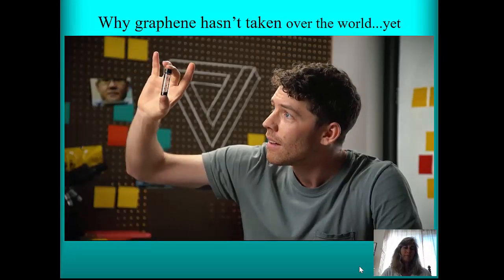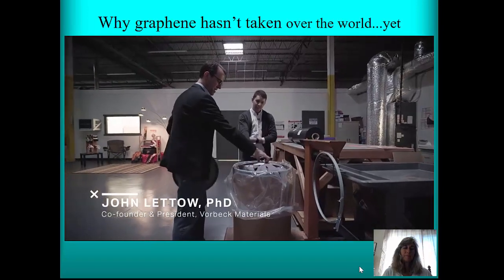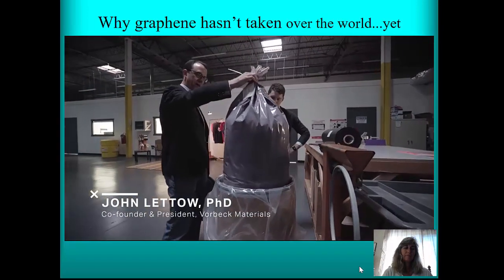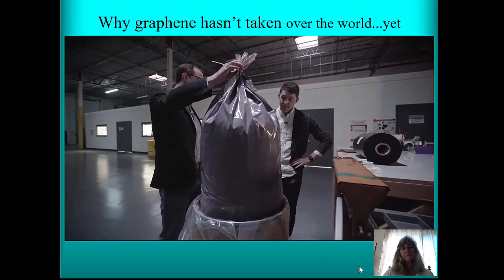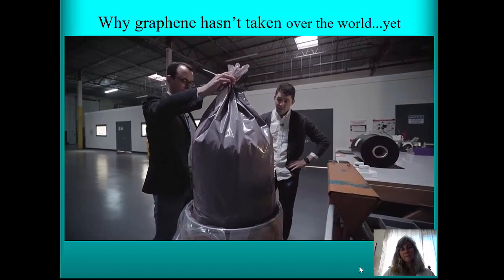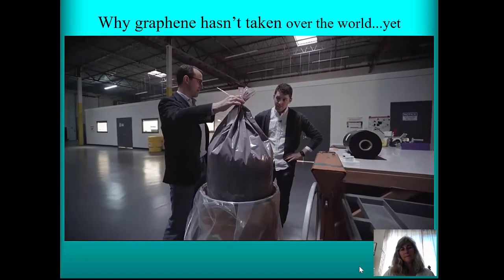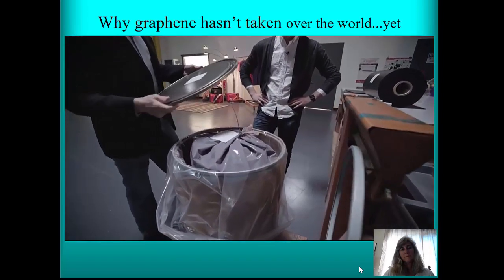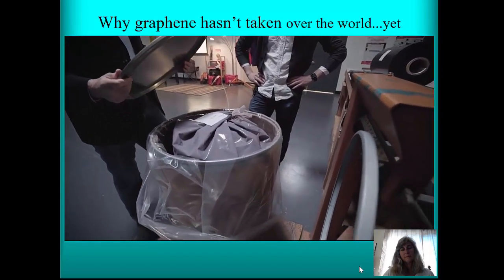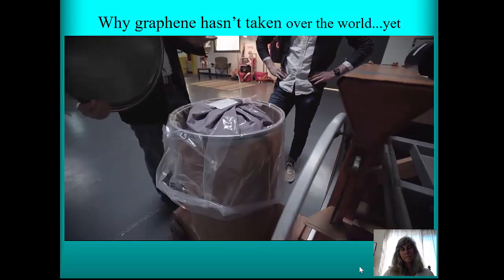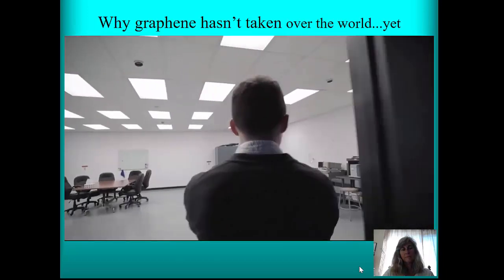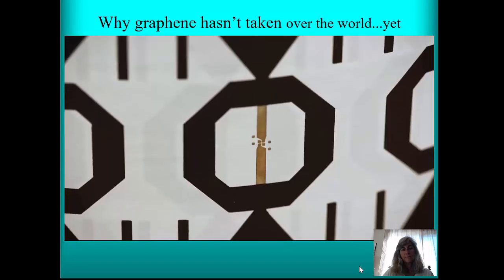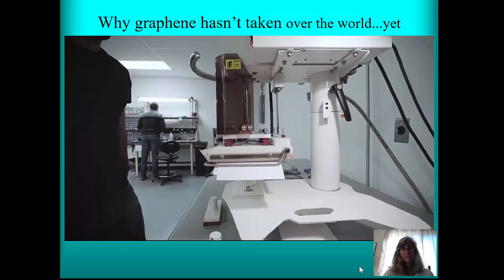And so if you open that up, you can take out, this is a bag of about 1.5 kilograms of graphene. It fits in a 30-gallon container. So it's very light, very voluminous in its raw state. Vorbeck is introducing its manufactured graphene powder to all sorts of industrial and consumer products like RFID tags, clothing, and even rubber.